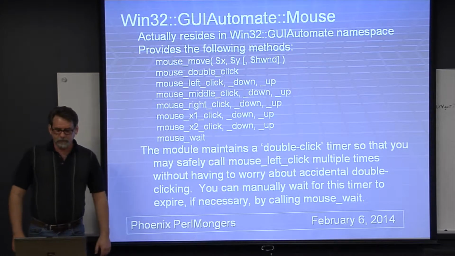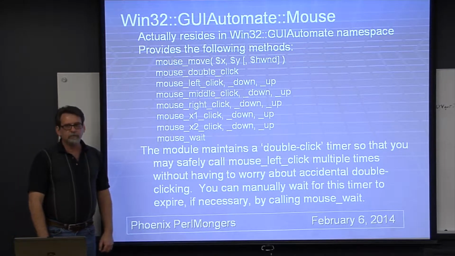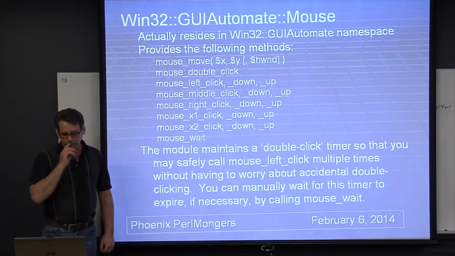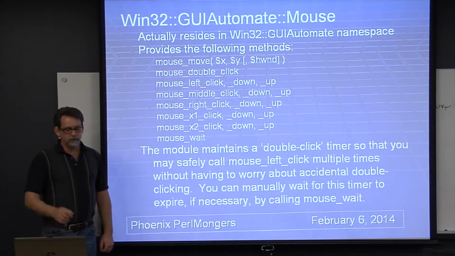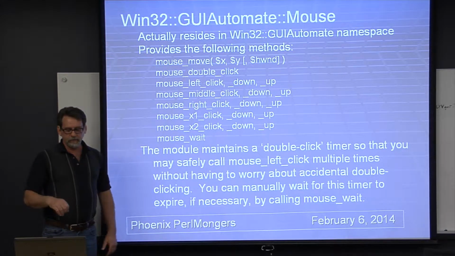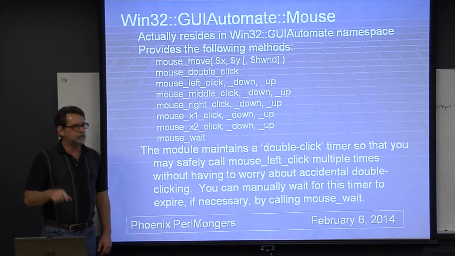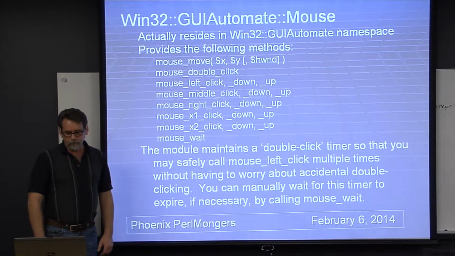Okay, mouse. This also resides in the base class, and I have mouse move, so you can set the X and Y coordinates anywhere on the screen. And it takes an optional window handle. If you don't give it a window handle, it's relative to the screen itself. If you give it a window handle, it'll be relative to that window, wherever that window is.